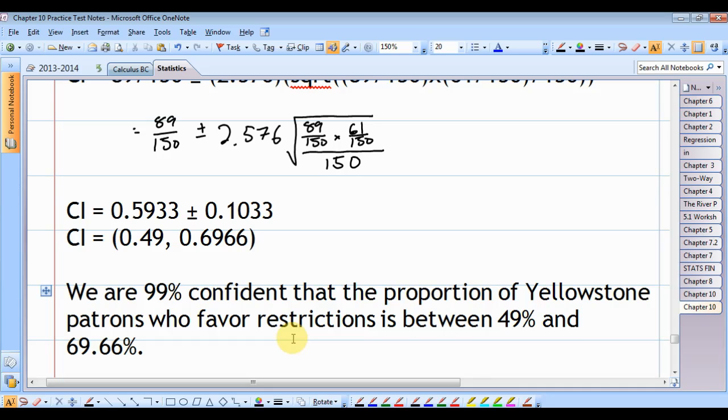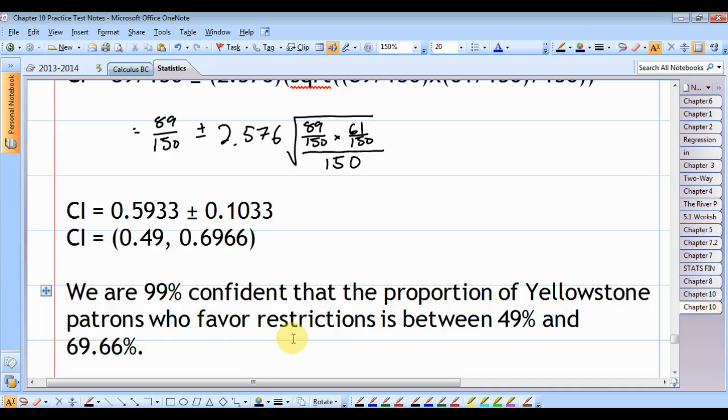Well, here's the thing. Compare this with what if this interval, for question number 13, said 64 to 73? Does your data support that the people who are in favor are more than 50% or not?